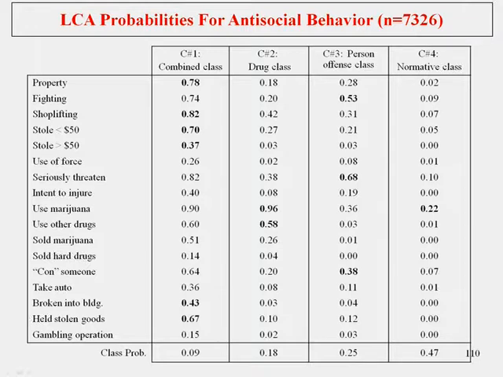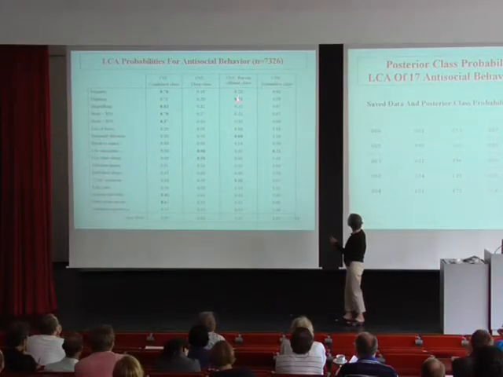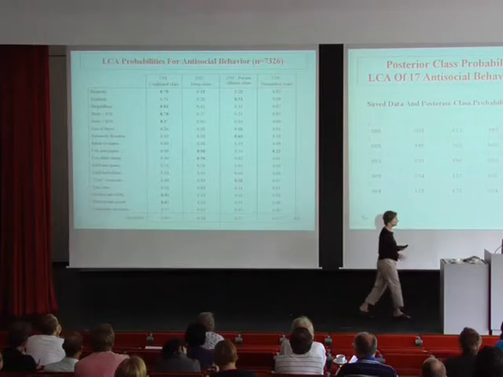And this just shows in summary form what we've seen, that the normative class has the highest probability of using marijuana, and the person offense class on person offense items like fighting, the drug class on using marijuana and other drugs, and the combined class pretty much on everything, and person offenses.